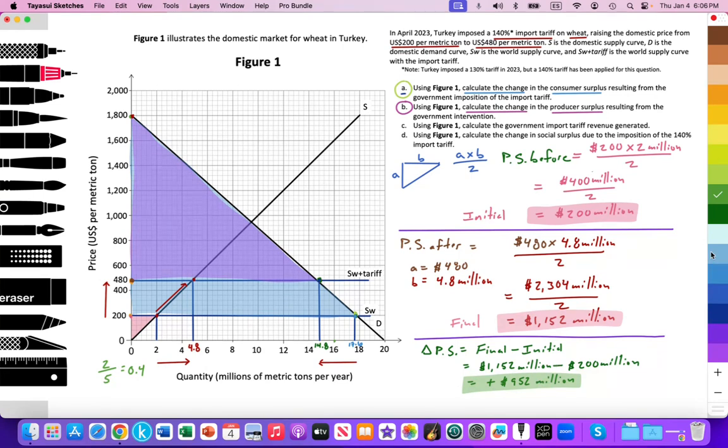Now we can squeeze in an alternative way to calculate this surface area or the change in the producer surplus, and that is going to be focusing on this shape right here, which I'm going to highlight. All right, we can see that this shape is a trapezium. This is the difference between the initial triangle and the second triangle, and we can use a trapezium formula to calculate that.